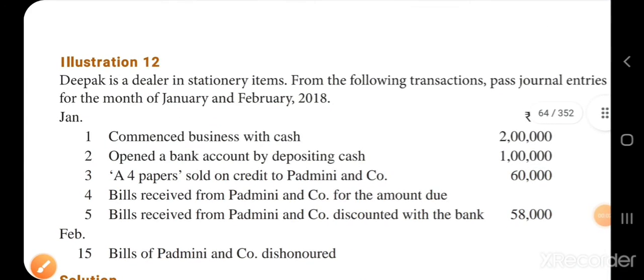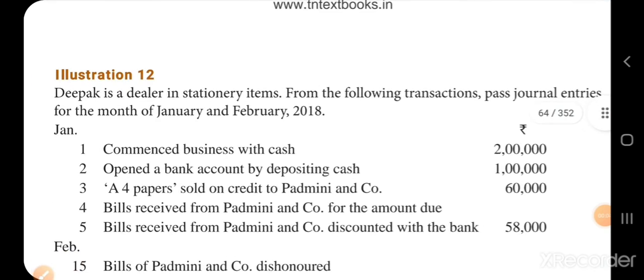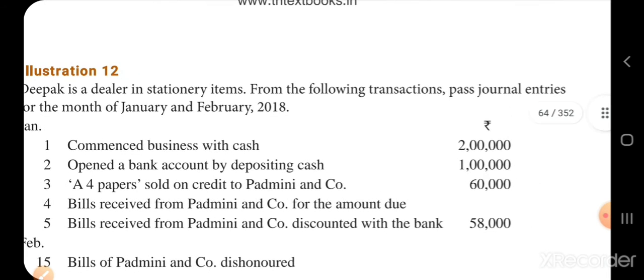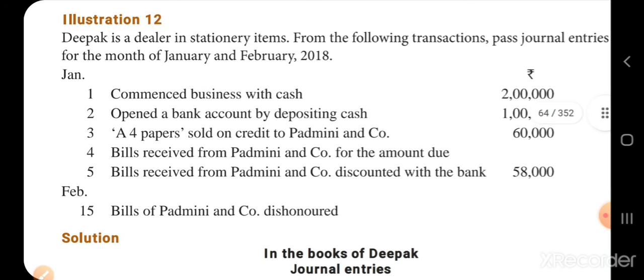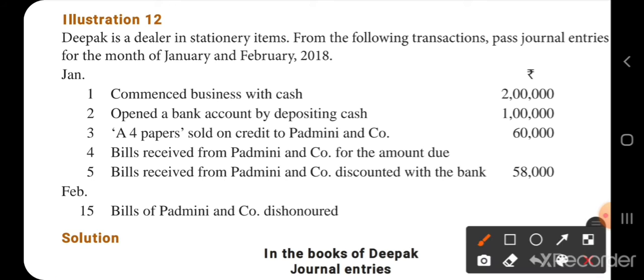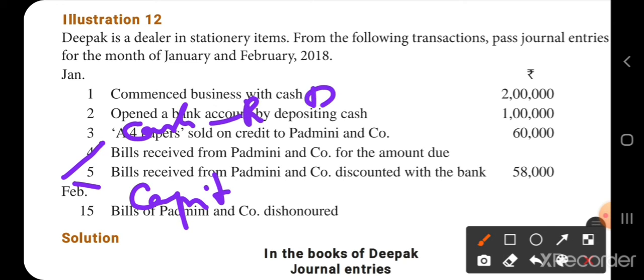Illustration 12. Deepak is a dealer in stationery items. From the following transactions, pass journal entries for the months of January and February. First one, commenced business with cash. What are the two accounts involved? Cash and capital. Cash is coming into the business, so you debit.